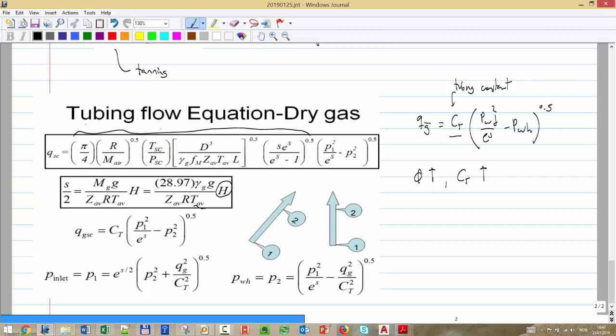Should I get more production or less production for the same delta P? More, right? And exactly that's what is happening. If these two are fixed, this guy is fixed and this guy is fixed, elevation is fixed, everything else is fixed, then if I increase CT, the rate should be bigger. If I make a smaller diameter, it should be smaller.